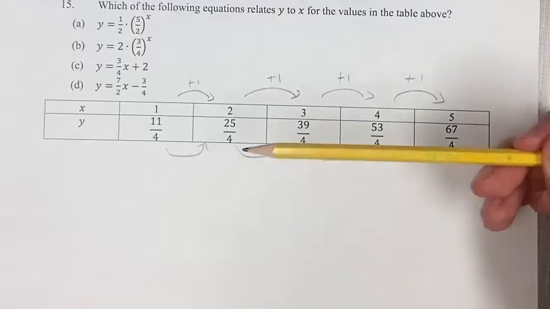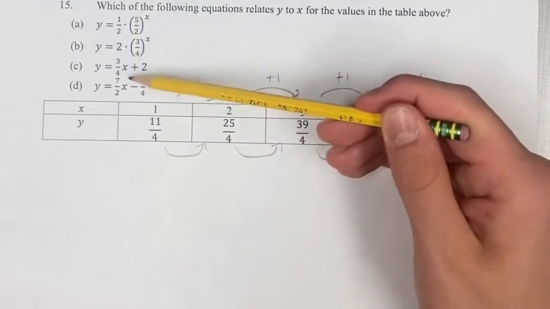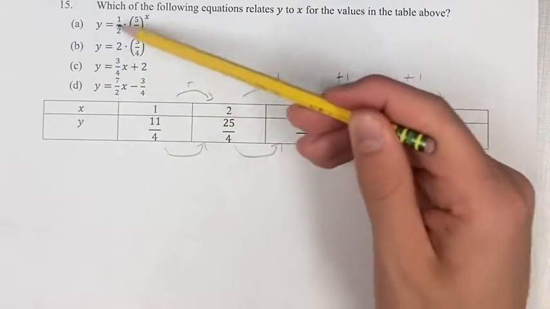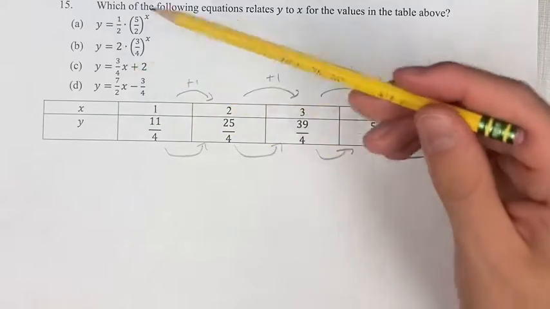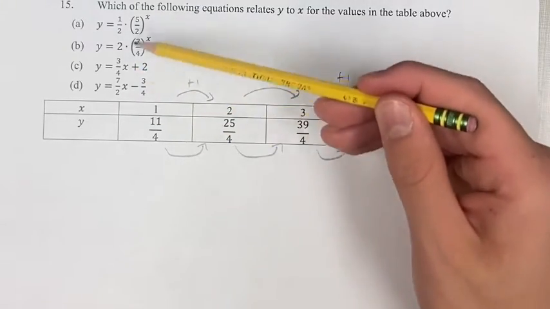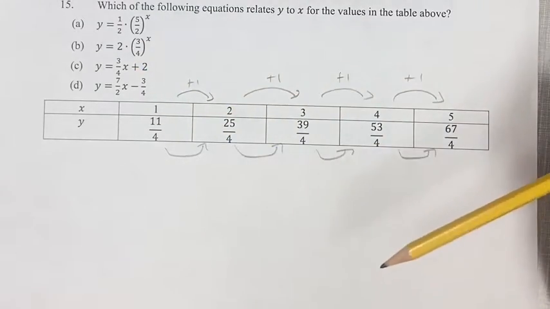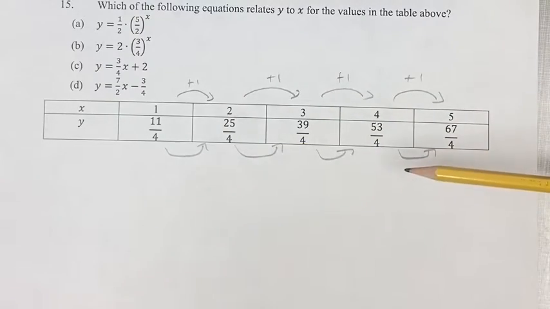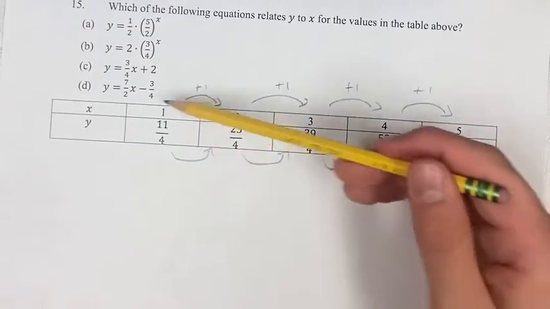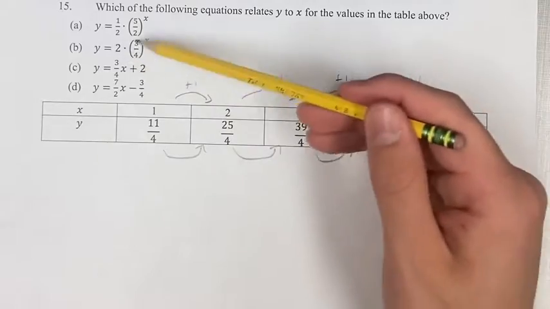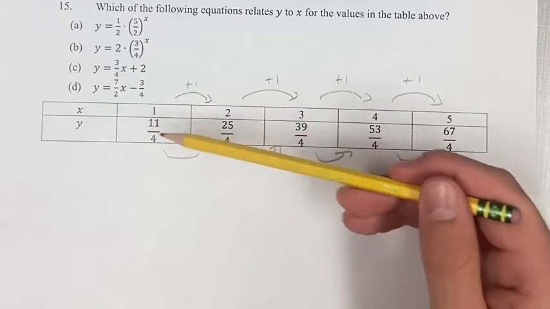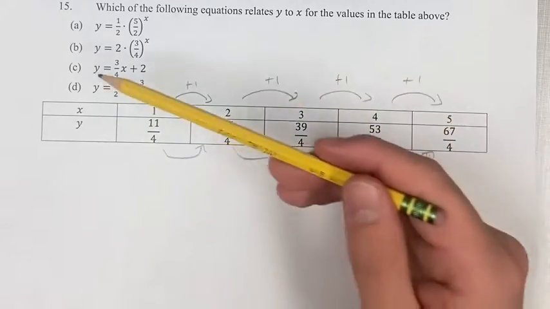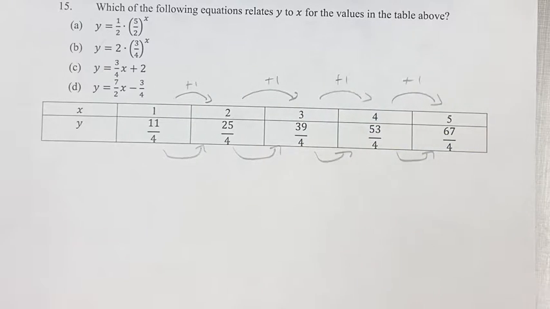If you know that it's linear, you can plug in some points and find the equation. If you know it's exponential, you can plug in points. But until we know whether it's linear or exponential, we cannot find an equation. Because let's say this is exponential, and we plug in these 2 points, thinking that it's linear. Well, there is a line between these 2 points, so you're going to find an equation, but it's not going to be representative of all 5 points.